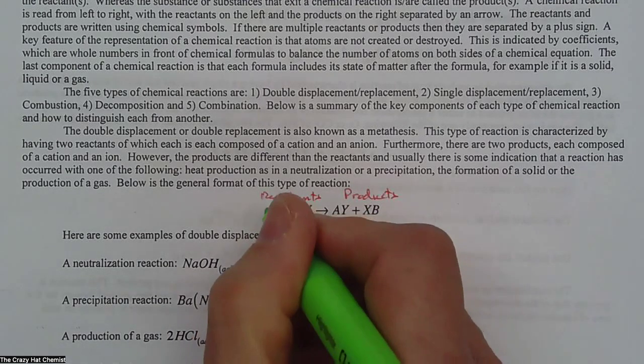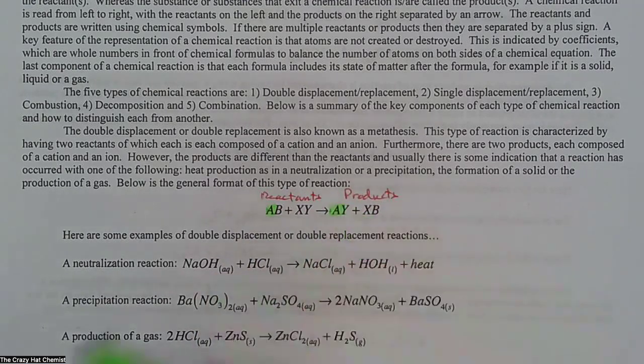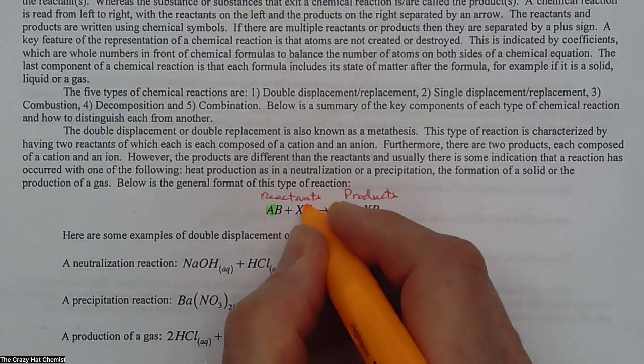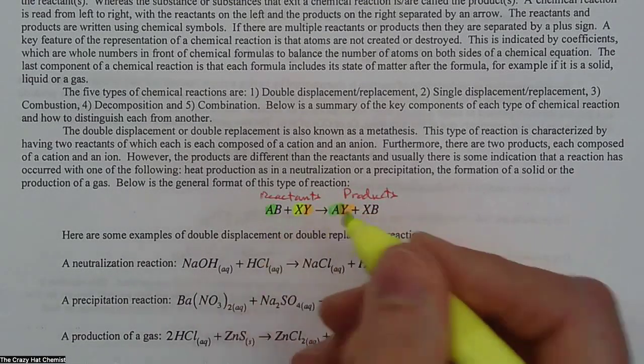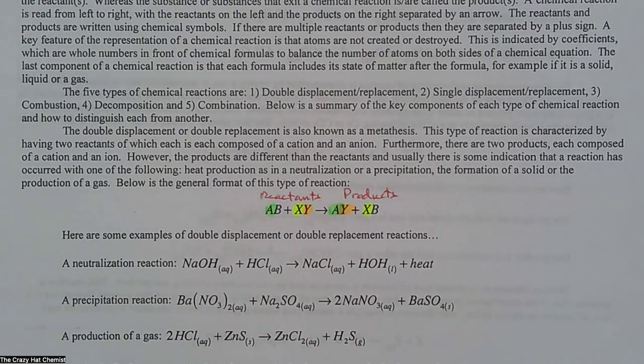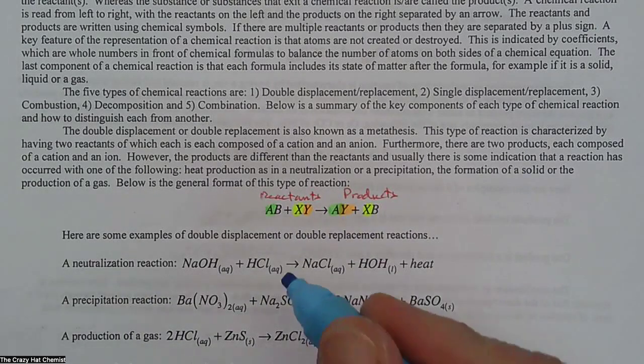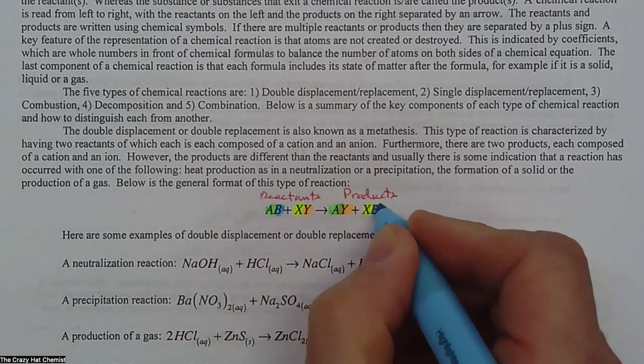You should see that A on the reactant side, which is a cation, will combine with Y on the product side. And then X, which is a cation, will combine with B on that other side there.